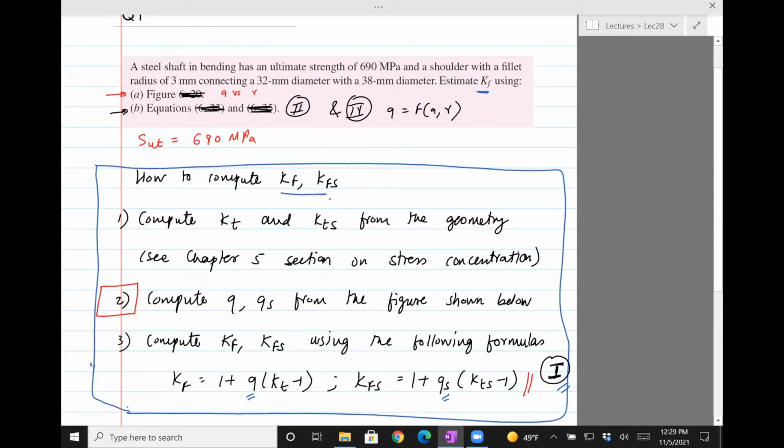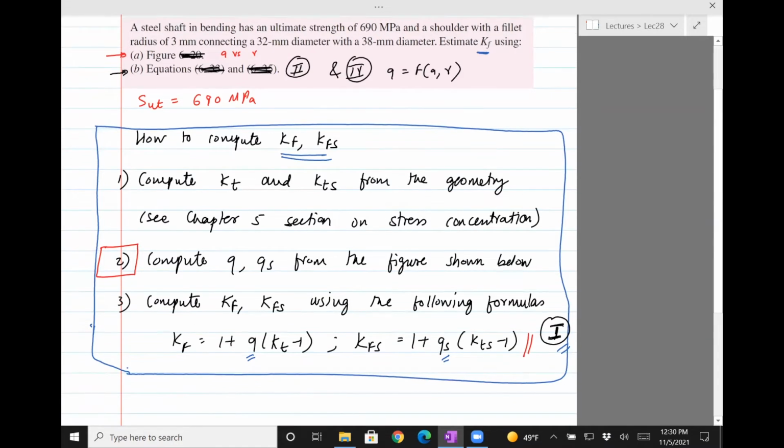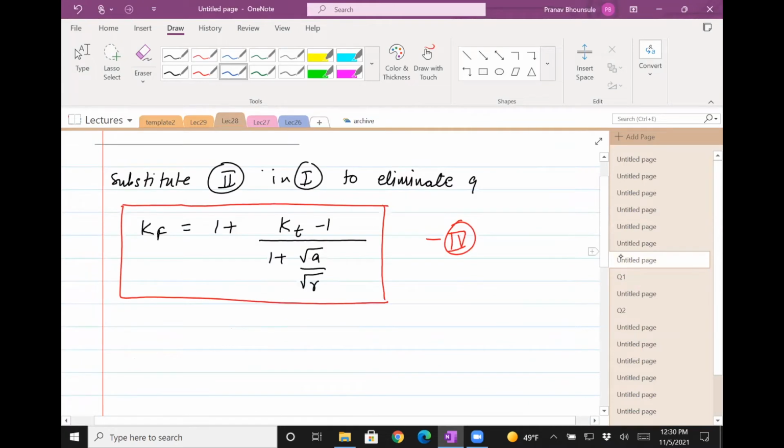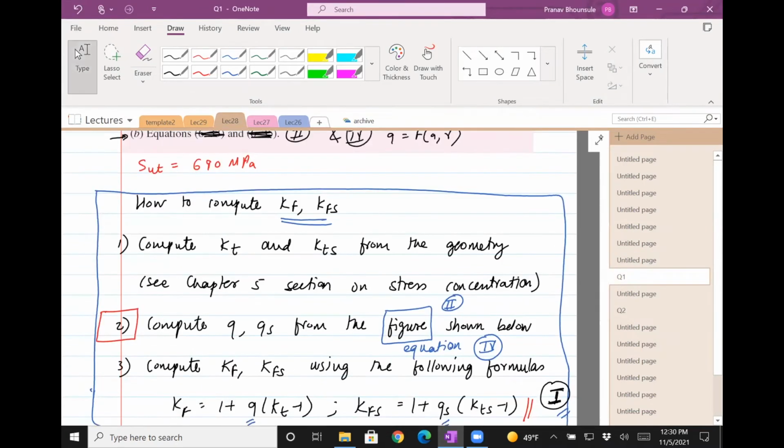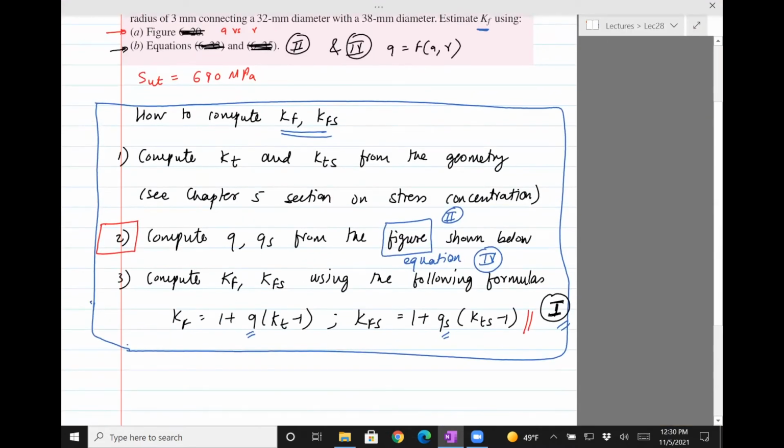So basically, this is also telling us how to estimate KF, right? The difference being that you have to use the figure, which is number 2, or the equation, which I have not written down here, but the equation is the second way of doing it. So that's going to be equation number 4 in the notes behind. So it's equation 4, that one right there.